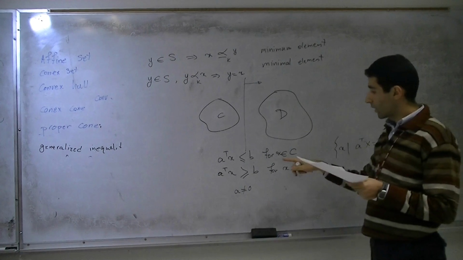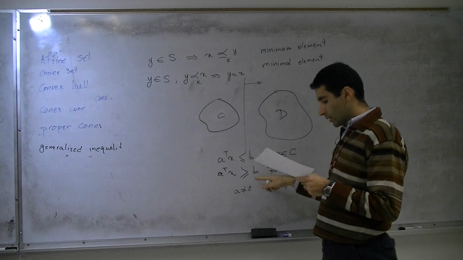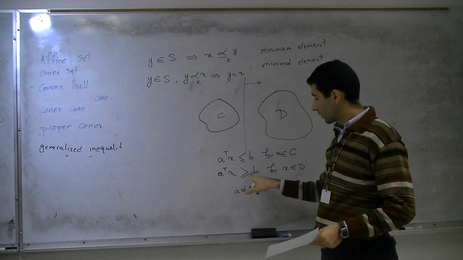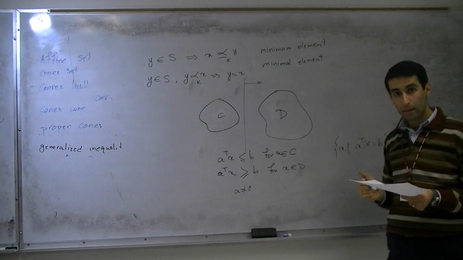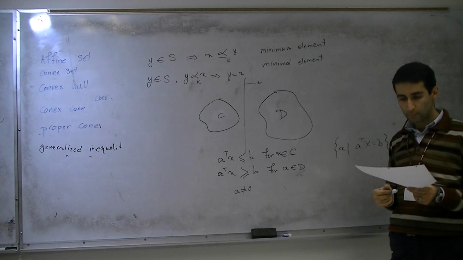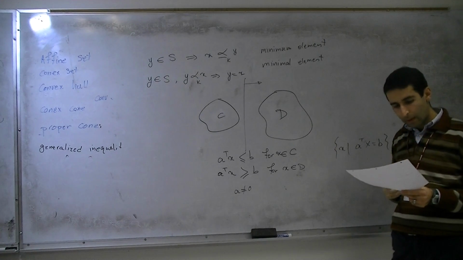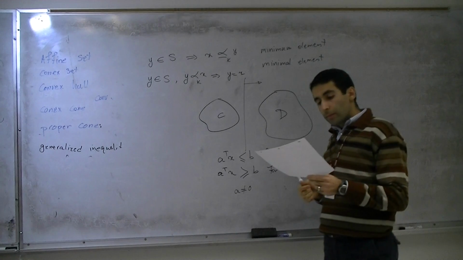And we can have the strict inequality here. And A and B, they are not matrices. Yes. Okay.